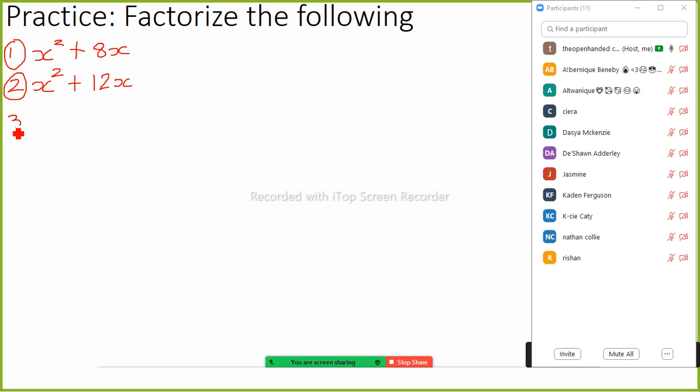Number 3: a squared minus 3a. Number 4: t squared plus 10t.